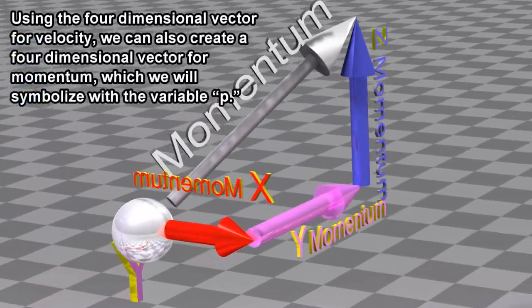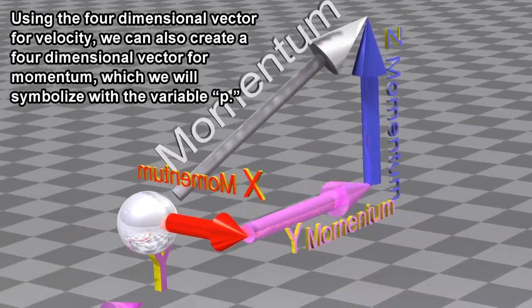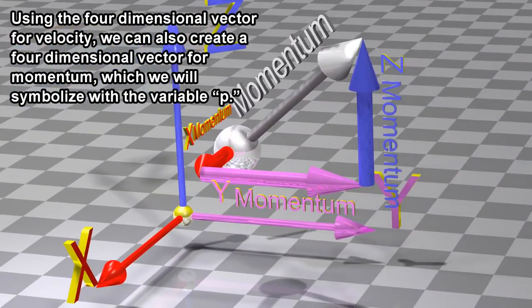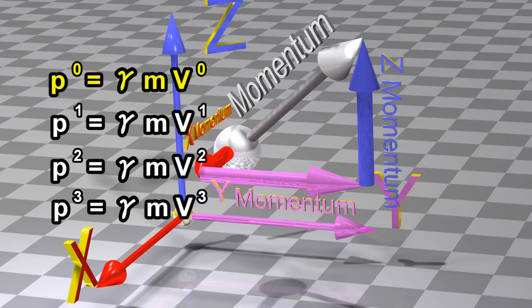Using the 4-dimensional vector for velocity, we can also create a 4-dimensional vector for momentum, which we'll symbolize with the variable p. The variable m refers to rest mass.